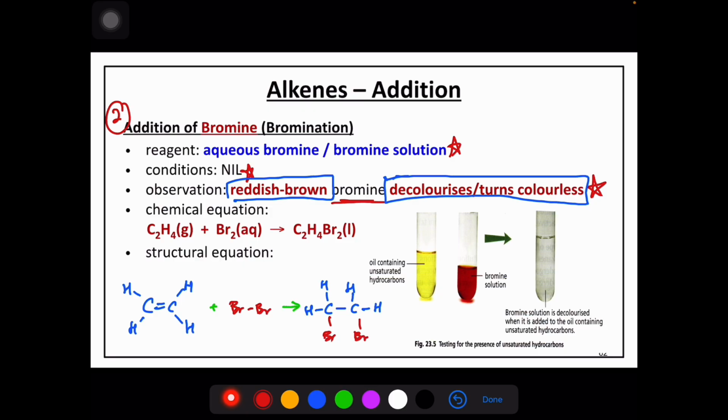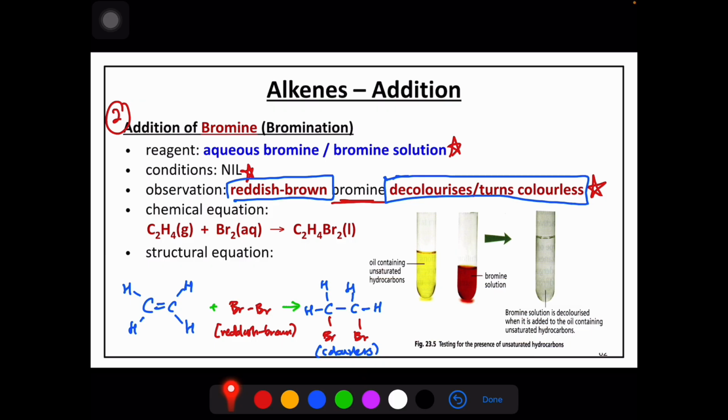In this reaction, at the start the reddish brown bromine was present, and at the end there's no more reddish brown bromine, so you end up with just a colorless liquid. So what you'll see is what you see on the right hand side of the screen. Basically, if you have an oil that contains unsaturated hydrocarbons and add bromine solution, which is reddish brown, the reddish brown liquid will disappear, and that's where you get your colorless final product.